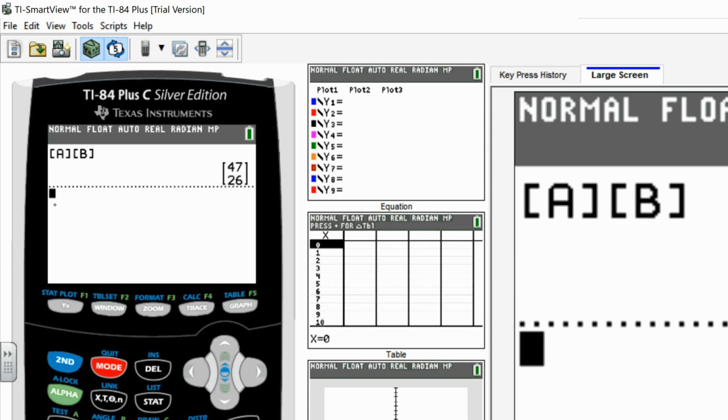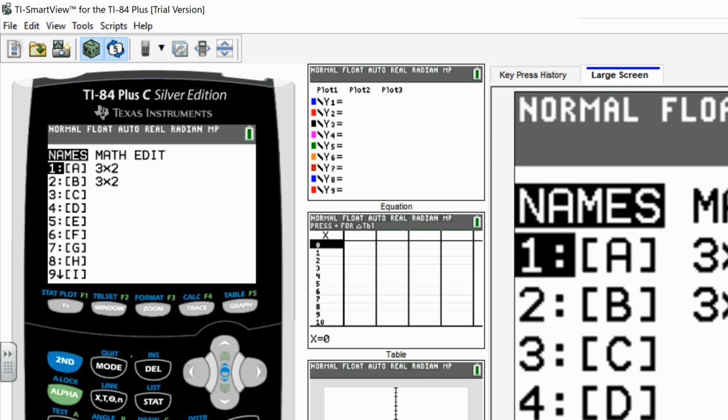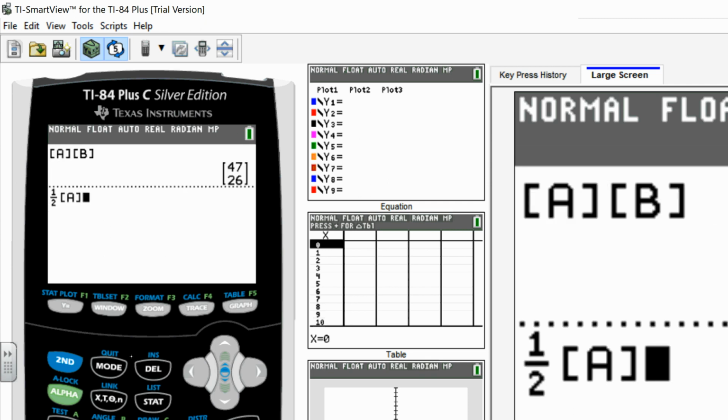If there's no questions on how we put this in, what we can do next is, we have 1/2. I can go 1 alpha y equals enter, or I could say alpha y equals enter and then type the 1 over 2. Either way works, because we'd have 1/2 times second matrix A, because we want to put A in first.